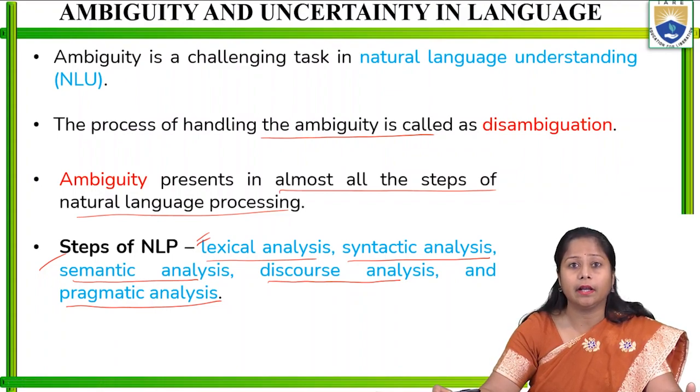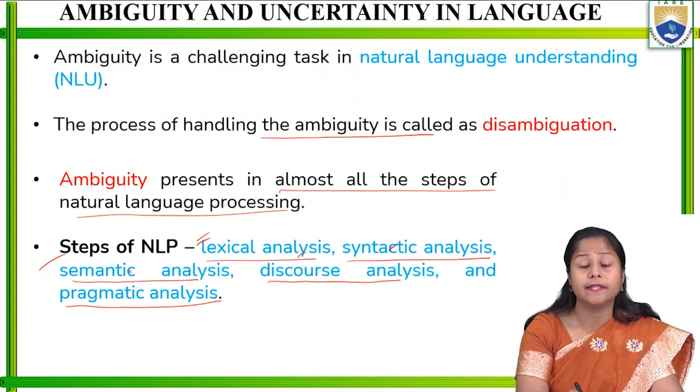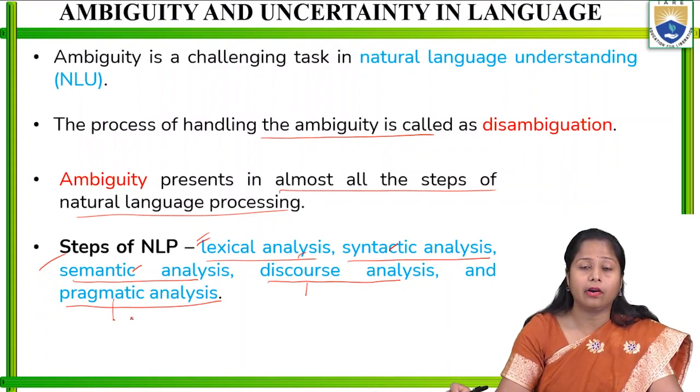Ambiguity comes across when we are doing text processing, with the sentences and the words. So we have to go through all the steps. We will see all these steps one by one in the next slides.